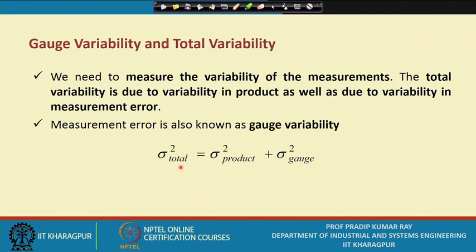So you need to measure the variability of the measurements. So how do you do that? You need to carry out certain experimentation and certain approaches you have to follow.